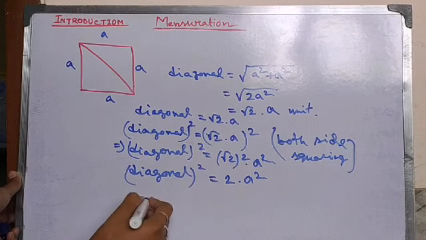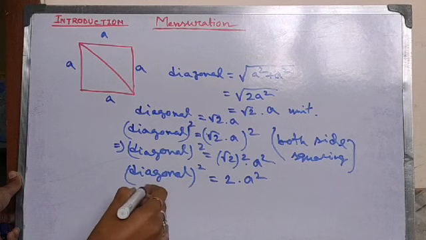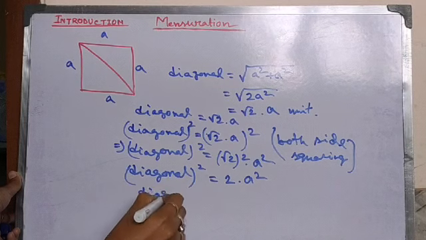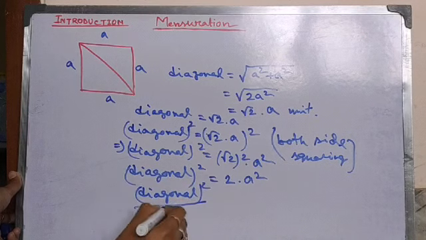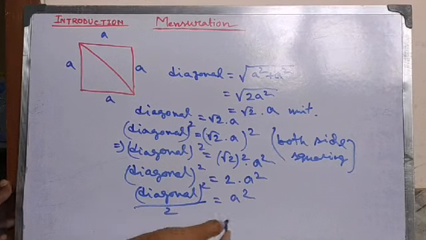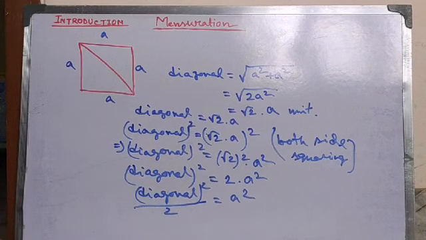Then 2 will come to this side, then diagonal square divided by 2 equals a square. Here a square means the area.